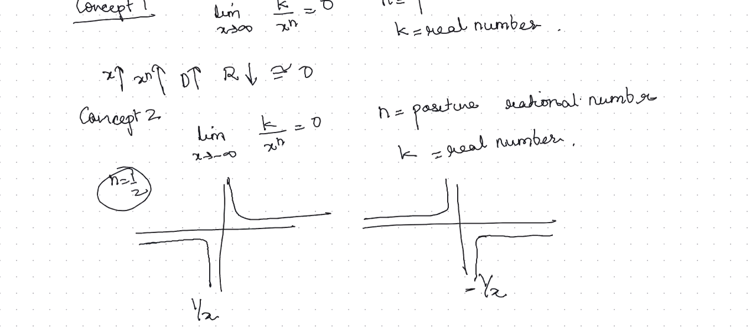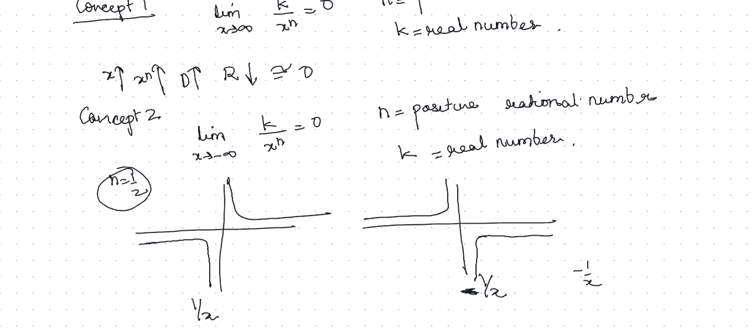So the value of k will not affect the limit, which is still 0, but the direction with which it approaches 0 differs. In 1 by x, when x is positive all values are positive, and when x is negative all values are negative. In negative 1 over x it is reversed: when x is positive, the value is negative, and when x is negative, the value is positive.